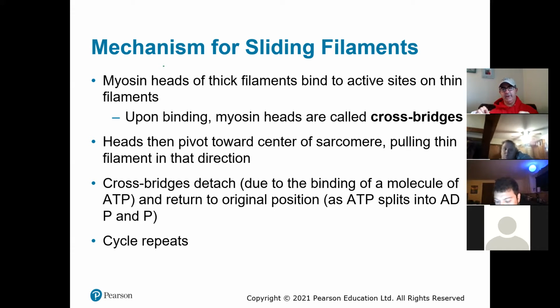And they have to let go by the binding of a molecule of ATP. So a molecule of energy binds to them and that causes them to let go. Then when they get enough ATP, they let go, and then they pivot back to their original position.